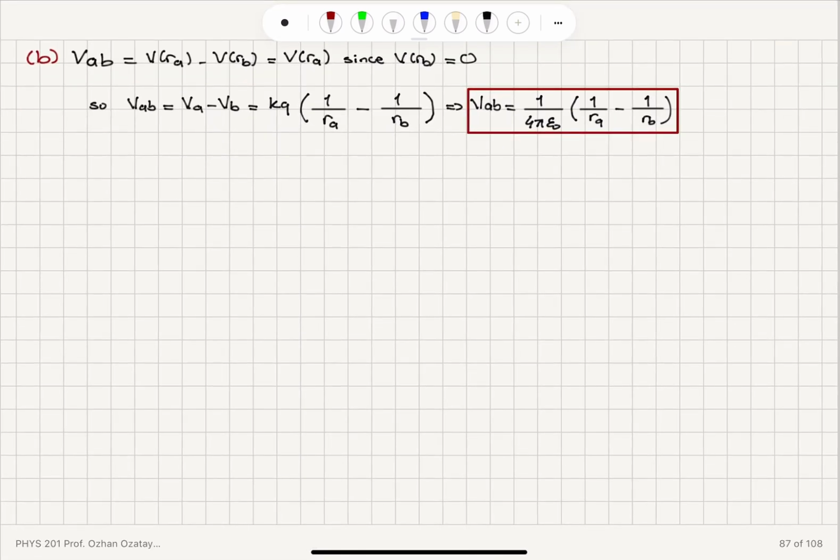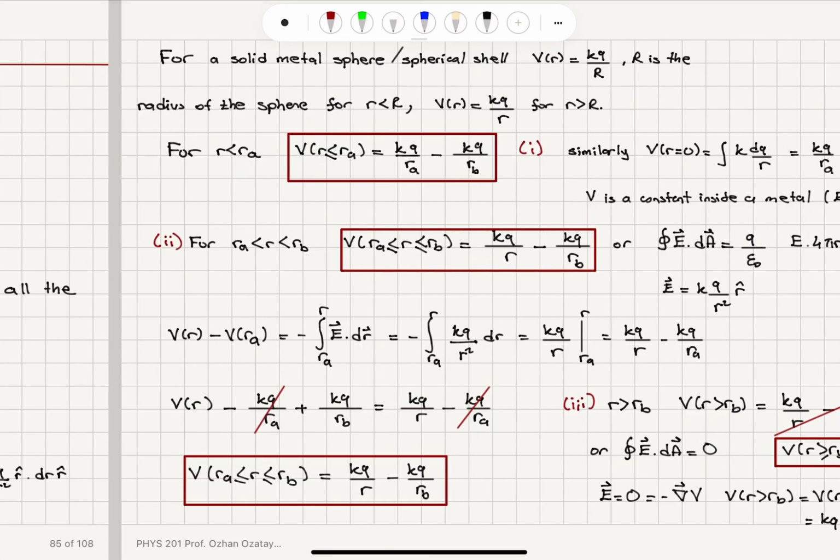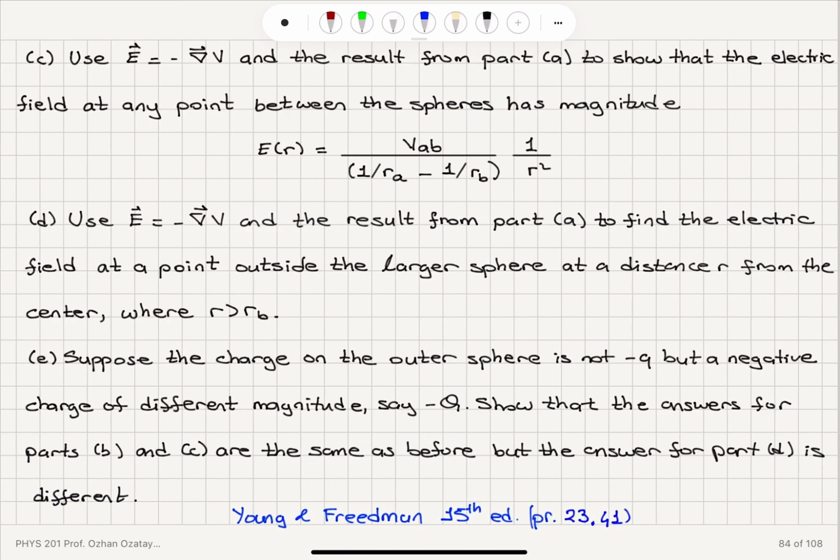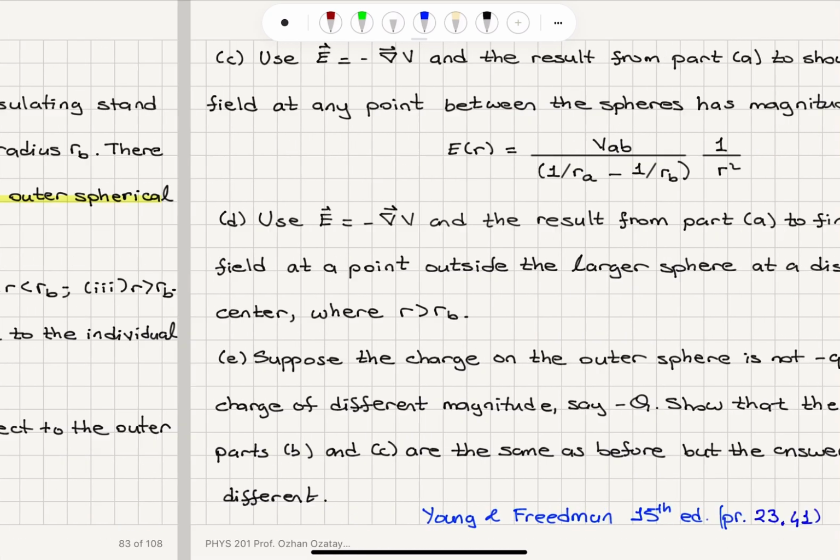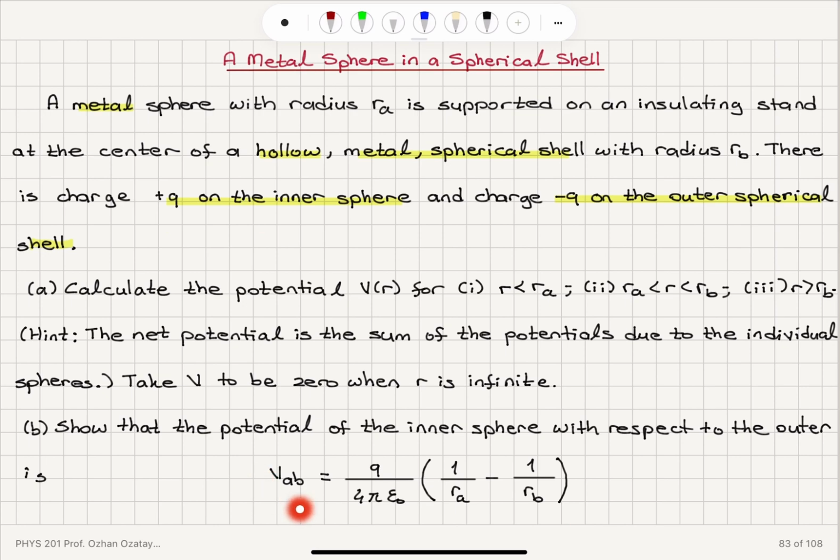That's the answer I was looking for. Potential of A with respect to B is 1 over 4 pi epsilon 0, 1 over R_A minus 1 over R_B. So that's the answer we were looking for in part B of this problem.